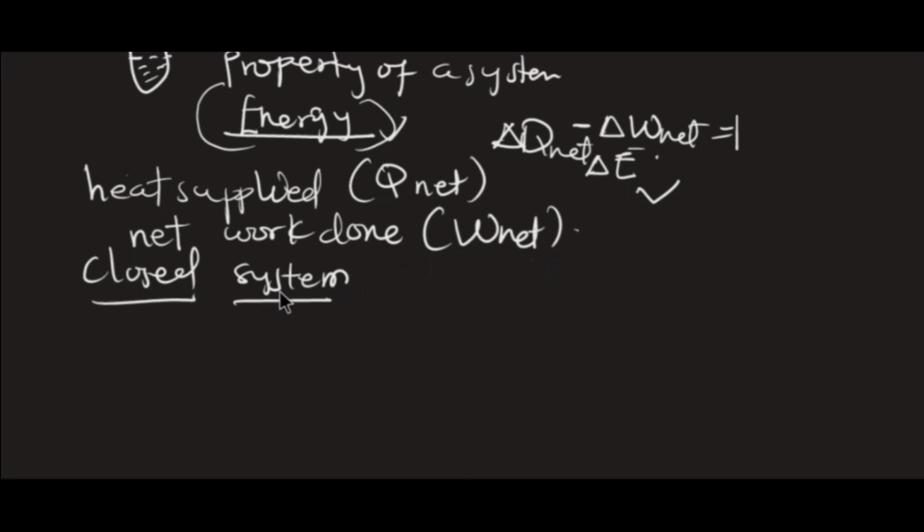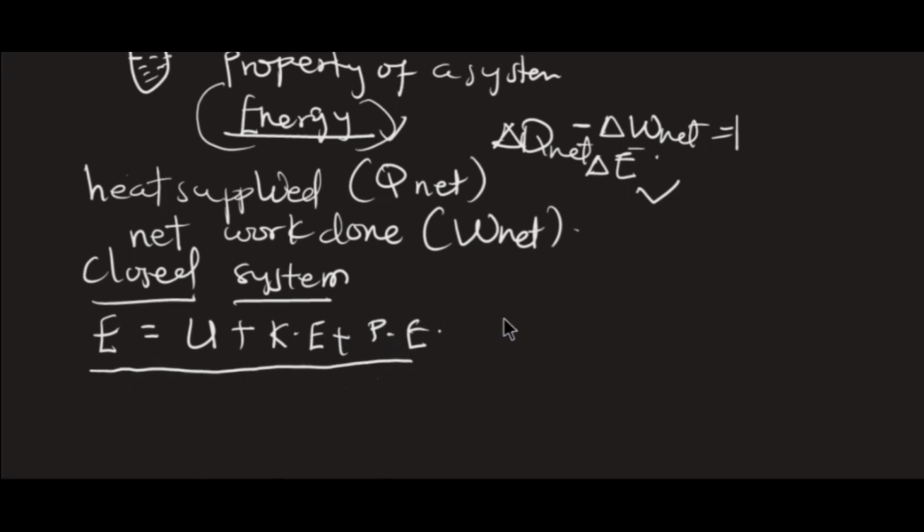So when we are considering a closed system, the total energy E is equal to the internal energy represented by U, plus the kinetic energy represented by KE, then plus the potential energy represented by PE. So this is the formula for the energy contained in a closed system. The internal energy plus the kinetic plus the potential.